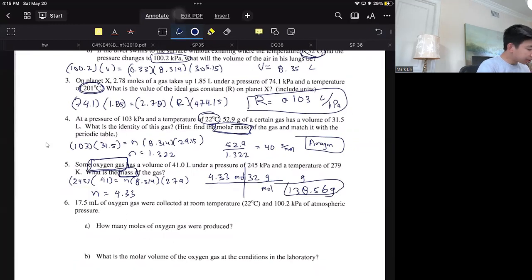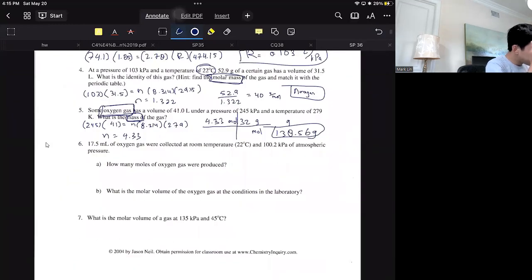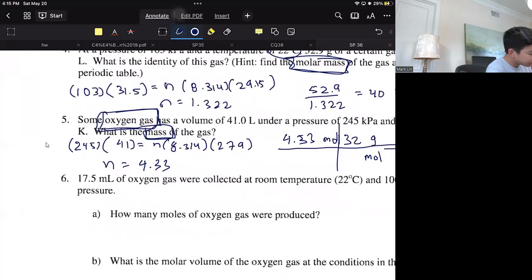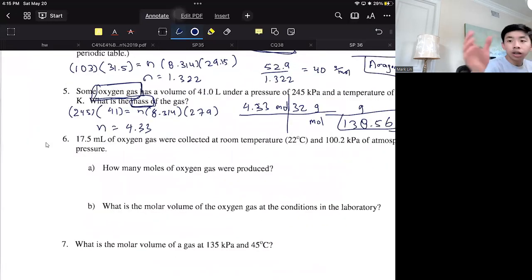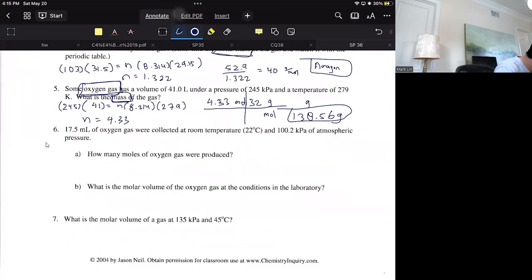Okay. Number 6, if 17.5 milliliters of oxygen were collected at room temperature, 22 degrees Celsius, and 100.2 kilopascals of atmospheric pressure, how many moles of gas were produced? Okay, moles of gas. N, we're trying to find N. P is going to be 100.2.